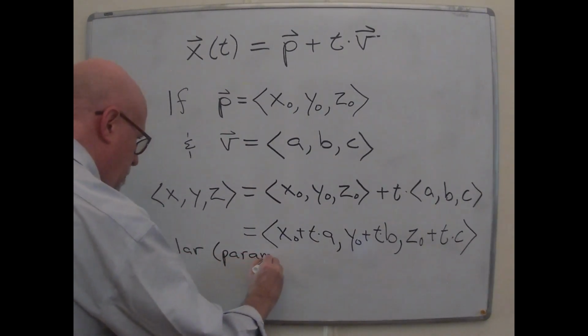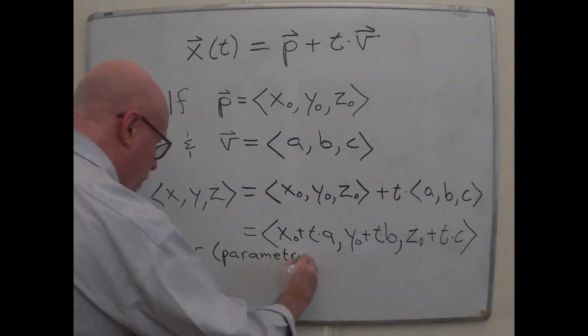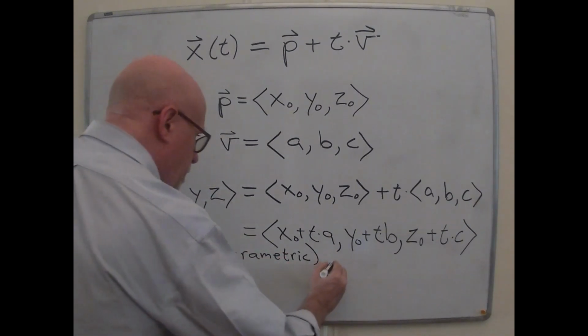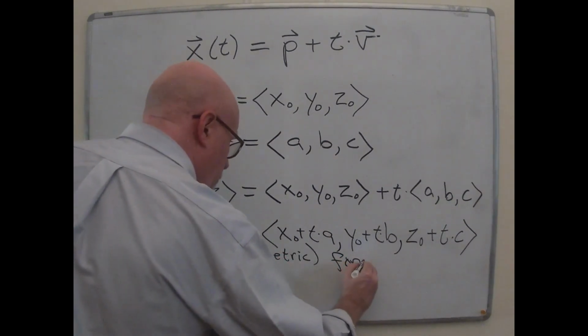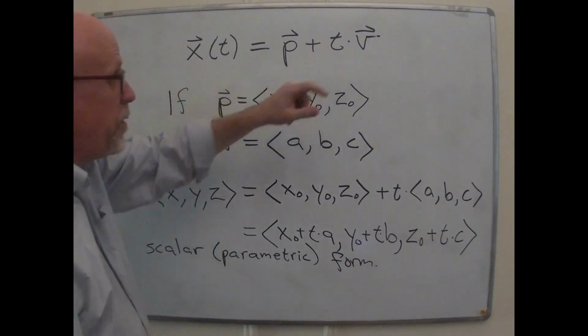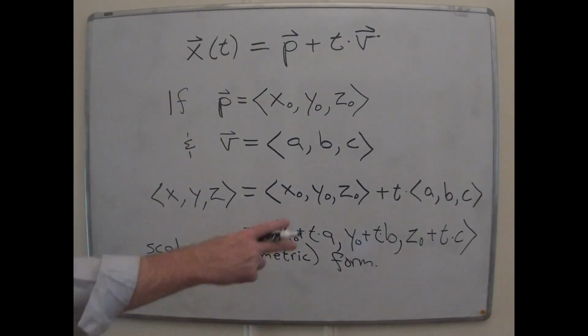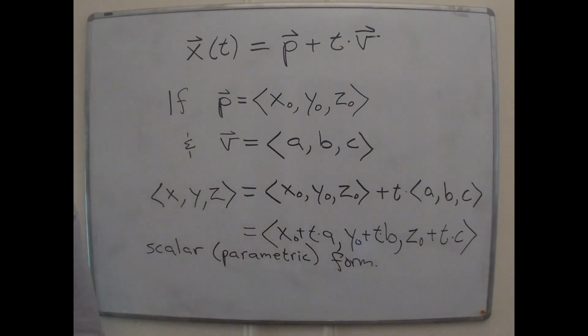Why I call this parametric is that there's a parameter. That's what t is. T is a variable that you imagine changing, and it smoothly changes your position along the line as you change it.